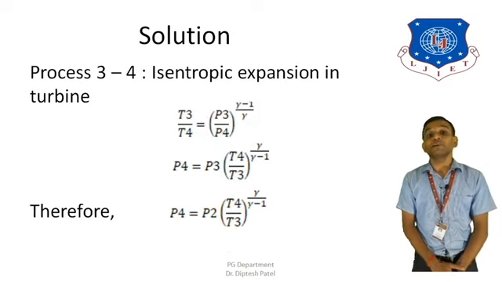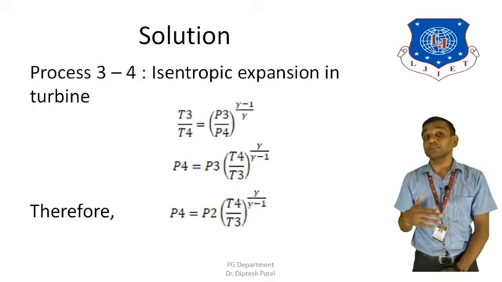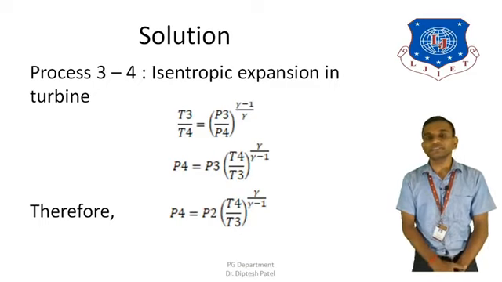Now let's move forward to the further process, the process 3 to 4. We know that process 3 to 4 is an expansion that takes place in the turbine, and that is also an isentropic expansion. So again we are going to use the same relations. T4 upon T3 is equal to P4 upon P3 raised to gamma minus 1 upon gamma, right? So therefore P4 is equal to P3 into T4 upon T3 raised to gamma upon gamma minus 1.